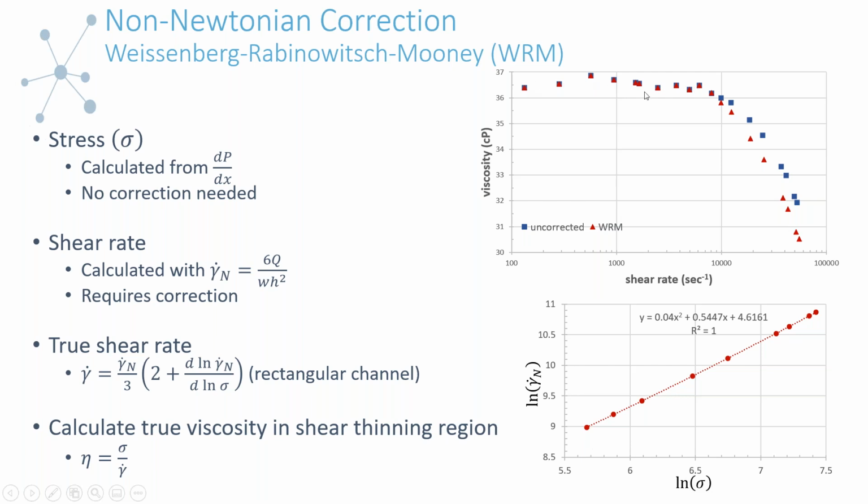So we have a little noise here, but on average, it's not yet shear thinning. So we really only correct data in the shear thinning region. Once we get the true shear rate from this fit to our data, or a modified version of our data, then we can go back to our scalar constitutive relationship and calculate the true viscosity. And this just shows you the extent to which things typically change when you make this correction.